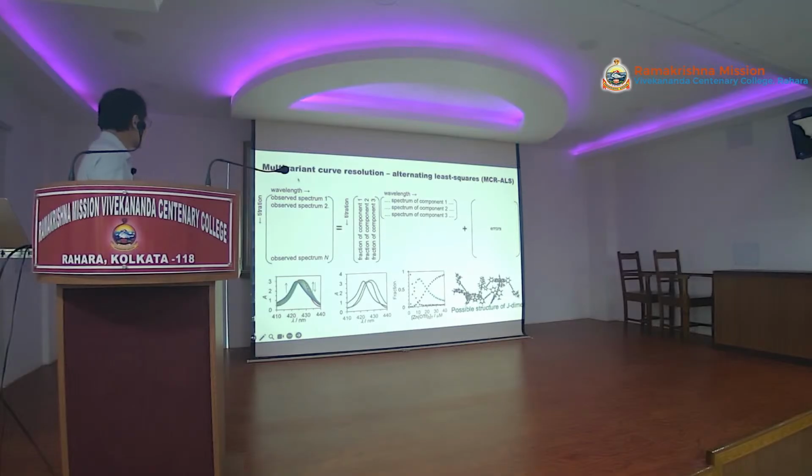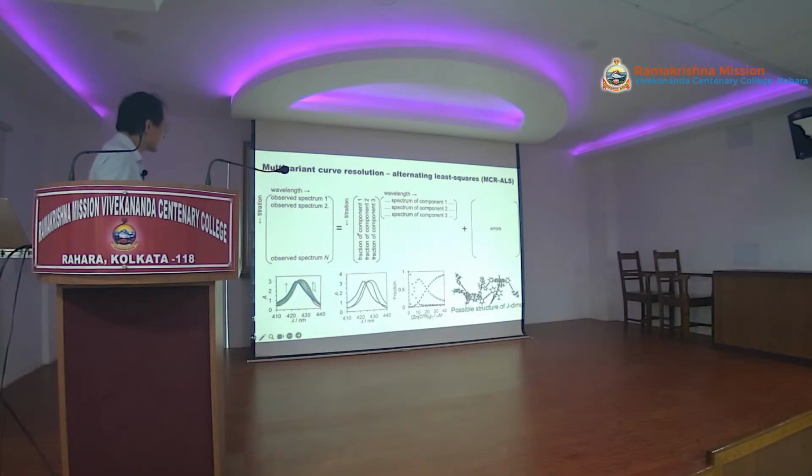The experimental result, these titration curves, is just a matrix of spectra arranged at different additive concentrations, and this matrix can be decomposed into the fraction of each component changing versus the spectrum of each component.